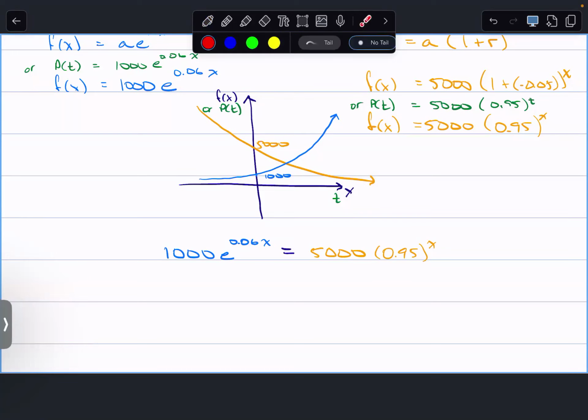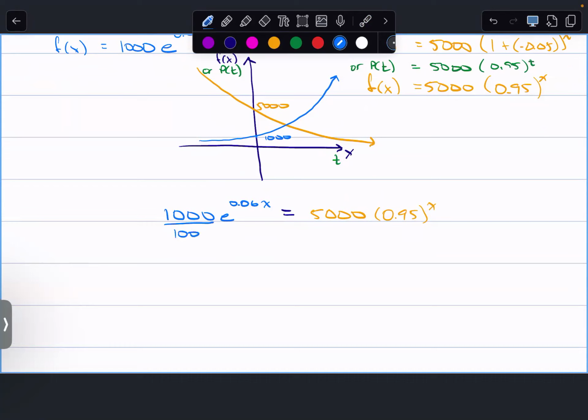I've got x's in the exponents that I want to try to solve for. Now, what you can do is you can simplify things a little bit by dividing both sides by 1,000. That might be nice, and then you don't have to lug around the 1,000 and the 5,000. So let's do that first.